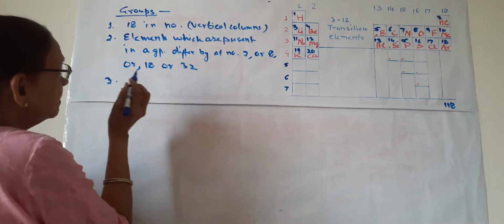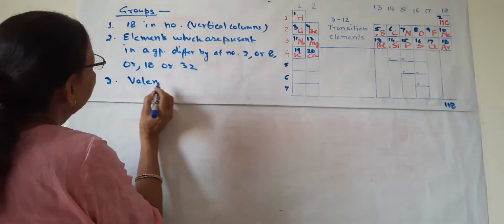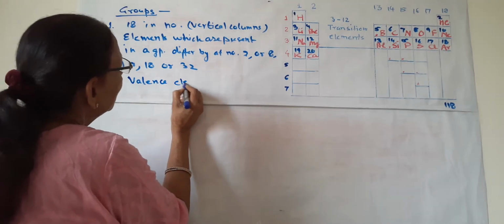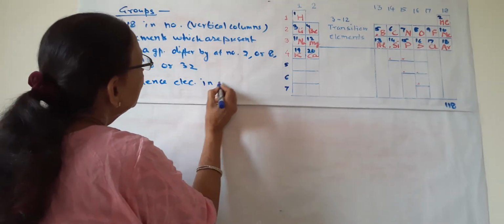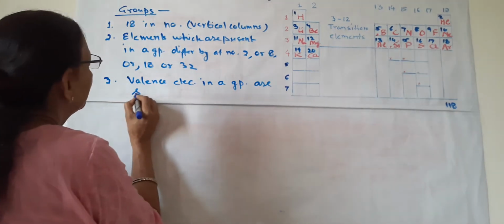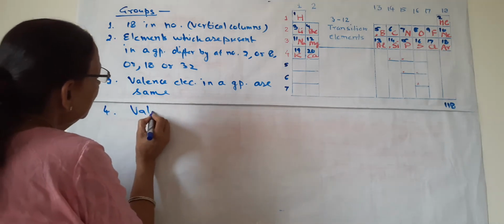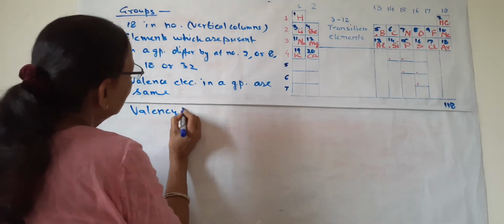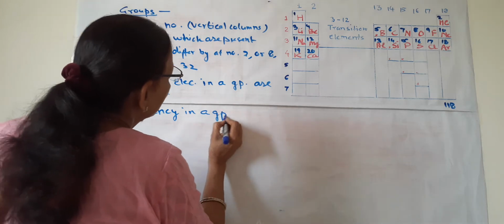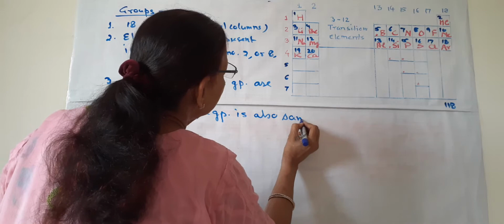And third is valency. First we write valence electrons. Valence electrons in a group are the same. When the valence electrons are the same, then the valency in a group is also the same. How can we say this?